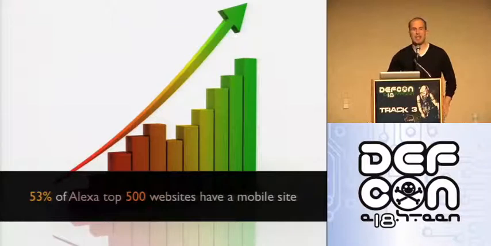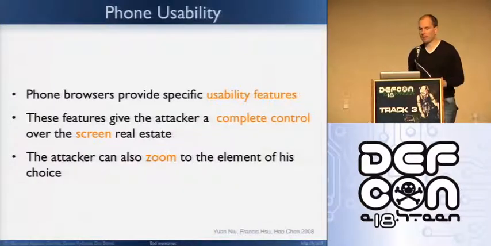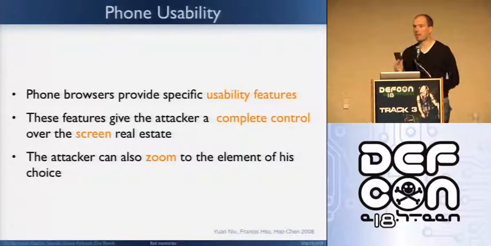many popular websites have rolled out a mobile version of the website to accommodate this kind of small device. And people might not realize that by now, but the browser you have in your iPhone or in your Android phone or on Nokia or BlackBerry is very, very different from the one you are using on your desktop counterpart, in particular because there are a lot of new features which have been added for usability purposes.